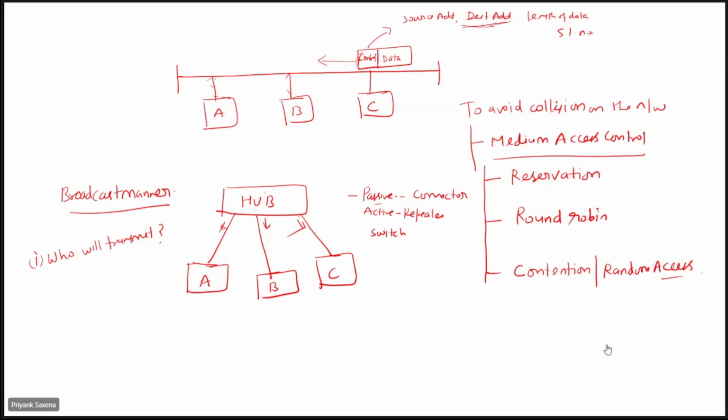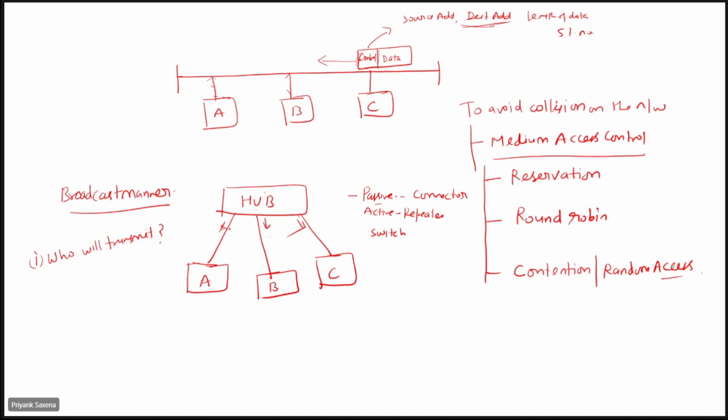Based on these demands, the stations are also characterized, right? So who will transmit, and how will the priority of the stations be decided, which station should be given more priority and which less priority? That will be based on the traffic generated by that station.